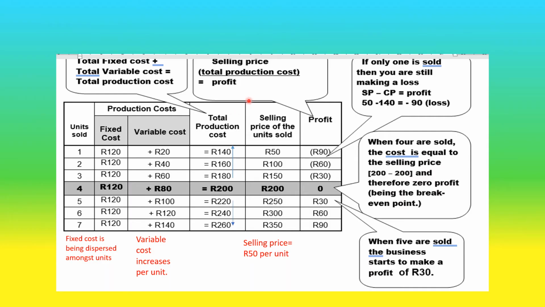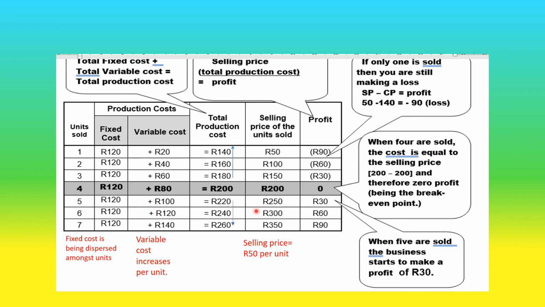And that's exactly what's happening in the table as well, where we start producing more units and selling more units, right? Our total fixed cost is dispersed among the units, and as we produce more units, our fixed cost per unit becomes less.